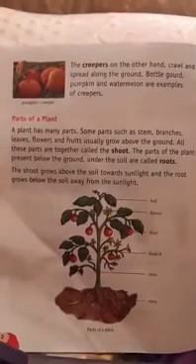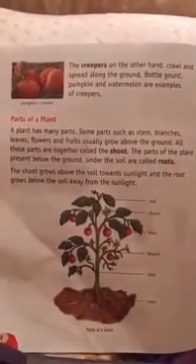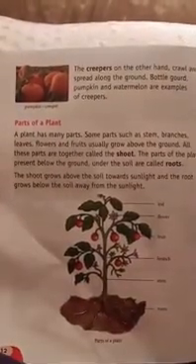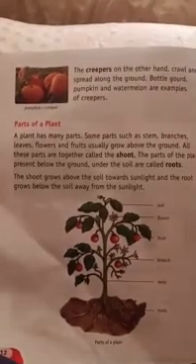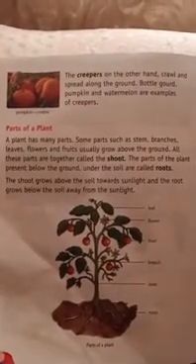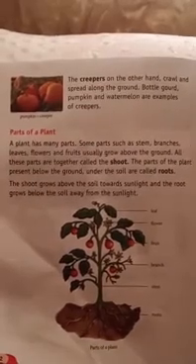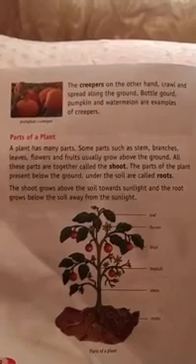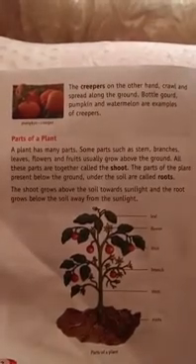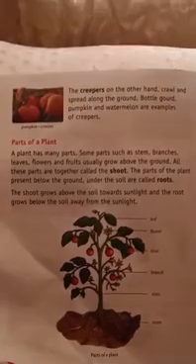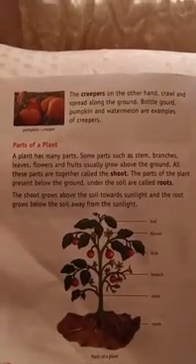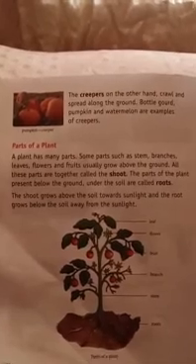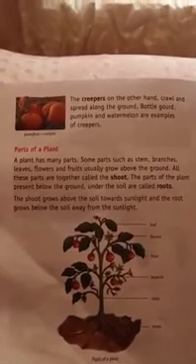Let's learn about parts of a plant. Here on this page you will see the parts of a plant. When we study a plant, we can learn different parts such as stem, branches, leaves, flowers and fruits. These parts usually grow only above the ground, and they are called the shoot system.